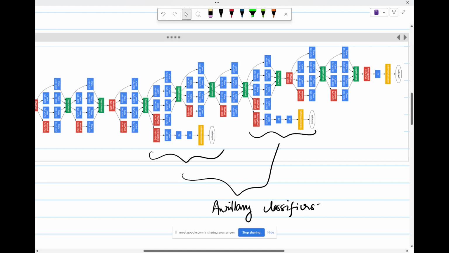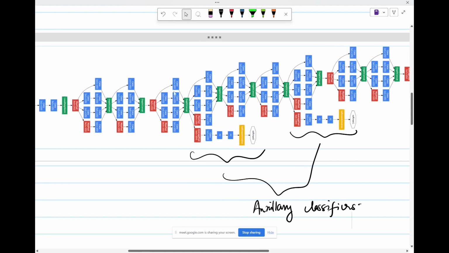So to avoid that, you introduce these auxiliary classifiers which try to classify based on the intermediate representations. So the loss from here will be backpropagated, so these layers will not face vanishing gradient again. Here also you backpropagate the loss based on the output of this part. So these parts will not have zero gradients.